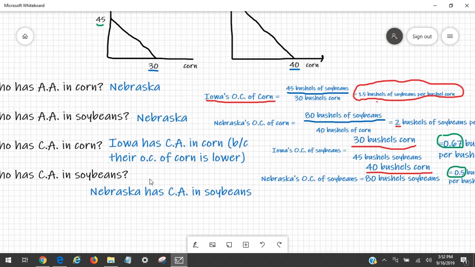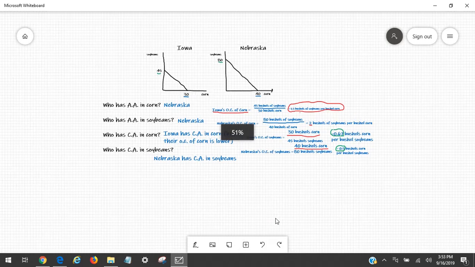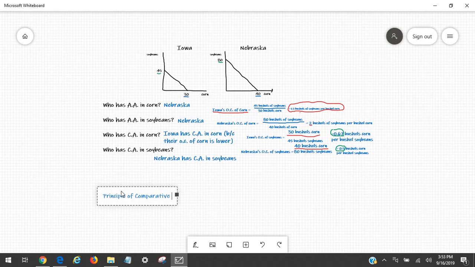Okay, now an extension of that is to remember the principle of comparative advantage. So let me just zoom out here and start a new section where I write: principle of comparative advantage, which says that a producer should specialize in whichever good they have the comparative advantage in.